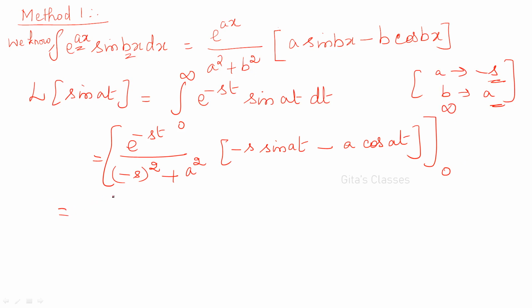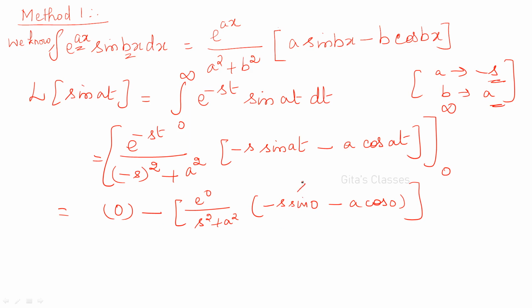When we substitute infinity, e power minus infinity becomes 0, so the upper limit gives 0. Then for the lower limit 0, we get e power 0 divided by minus s the whole square plus a squared, into minus s sin 0 minus a cos 0.